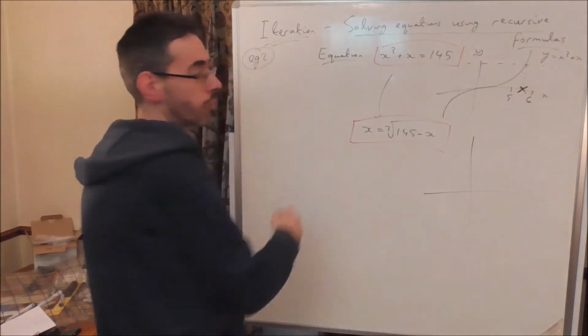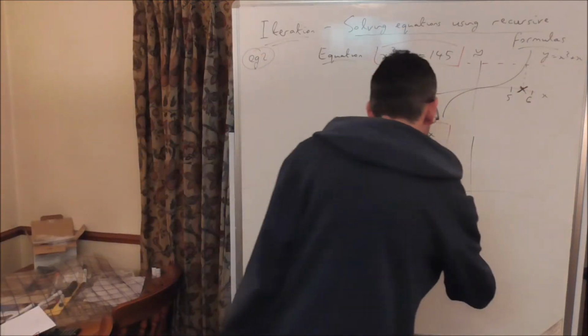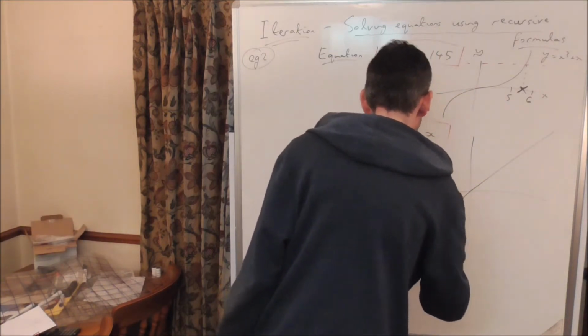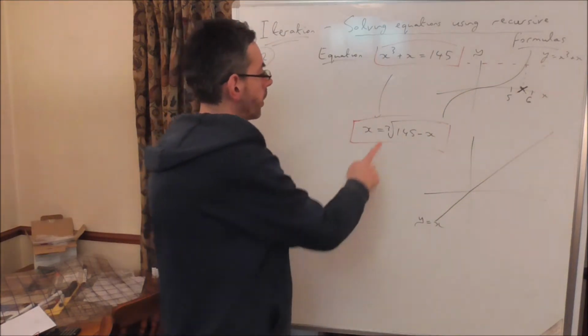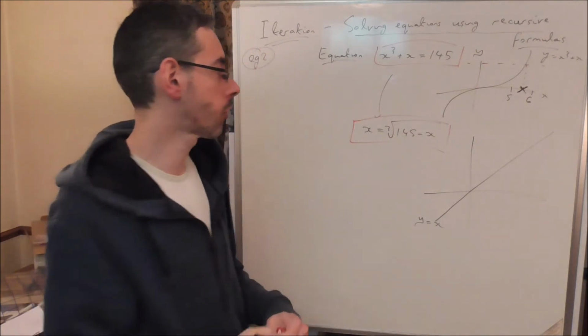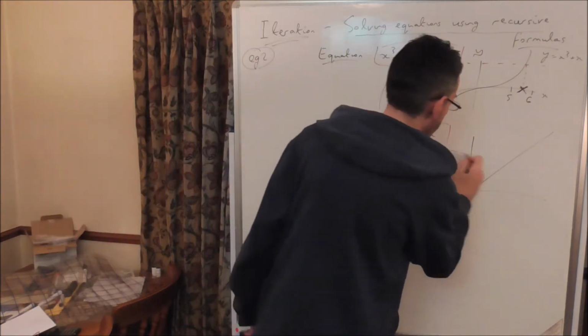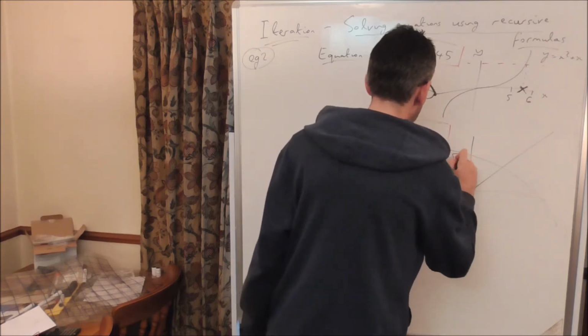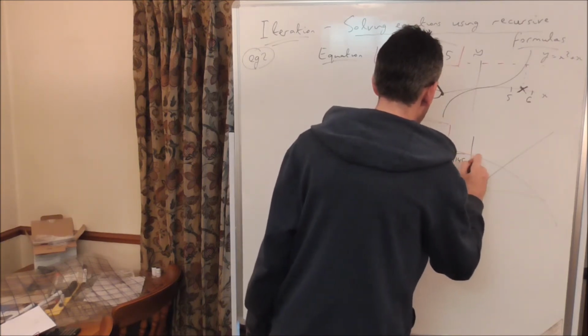Right, so the left-hand side is y equals x. So we had that earlier, it just looks like this. Y equals x. The right-hand side, y equals the cube root of 145 minus x, looks something like this. This is y equals the cube root of 145 minus x.